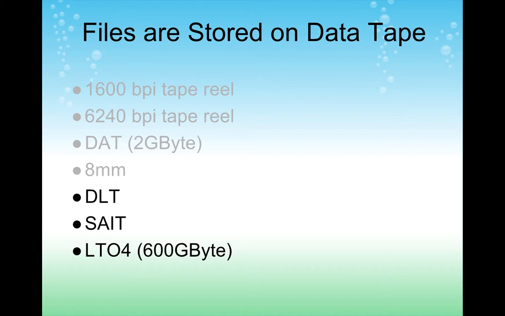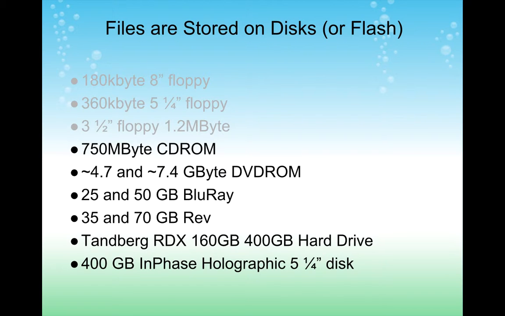And then it got denser, and then it got put into cartridges of DAT tapes and 8mm tape. They're all gone now, pretty much. And digital linear tape is in use still. IBM had its own format, SAIT. And then the LTO formats that we use now. Files are stored on tape.